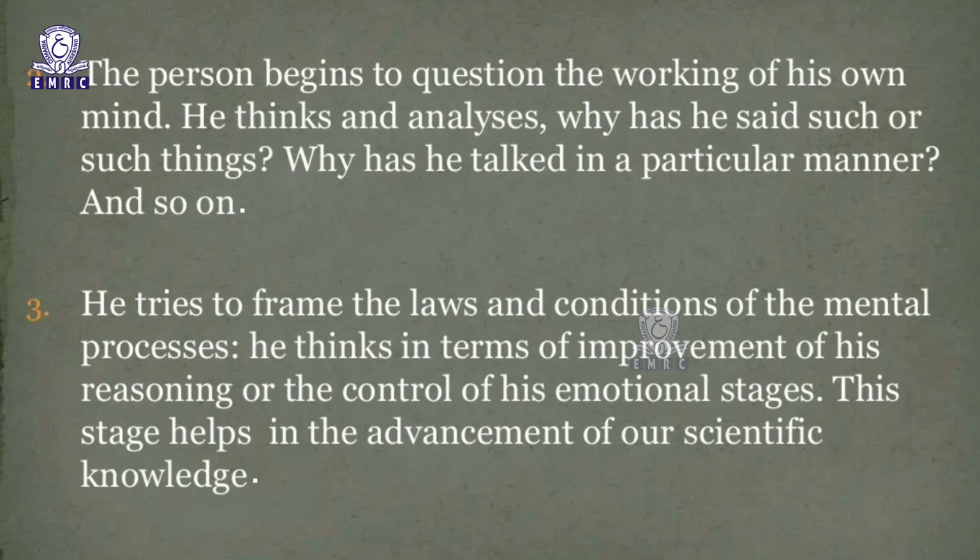He thinks and analyzes why he has said such and such a thing, why he has talked in a particular manner, and so on. Then in the third stage, he tries to frame the laws and conditions of the mental processes. He thinks in terms of improvement of his reasoning or the control of his emotional states. This stage helps in the advancement of our scientific knowledge.